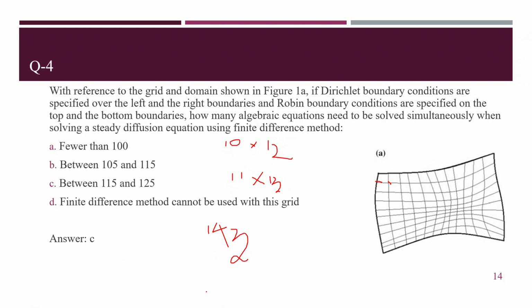Roughly we get 121, because we are subtracting on this side and that side. And we now have the grid points at this particular region. Once again, 1, 2, 3, 4.